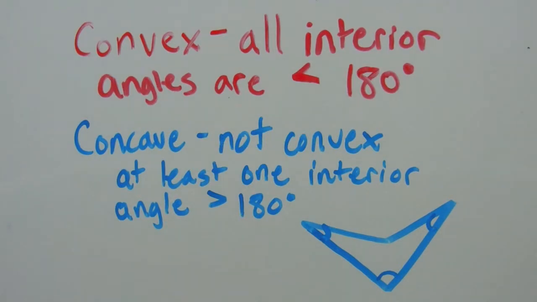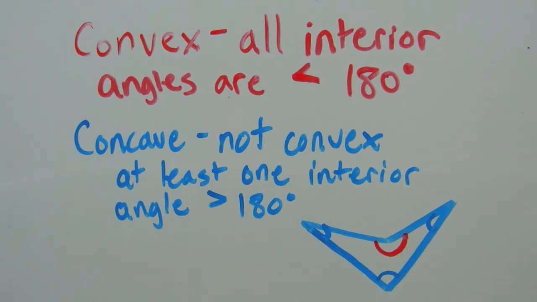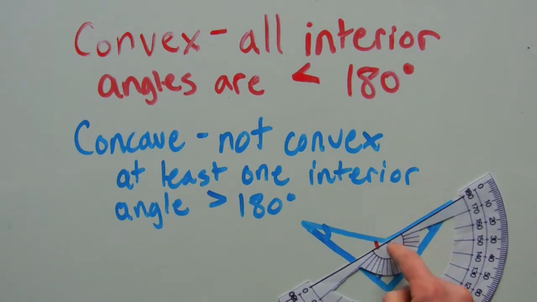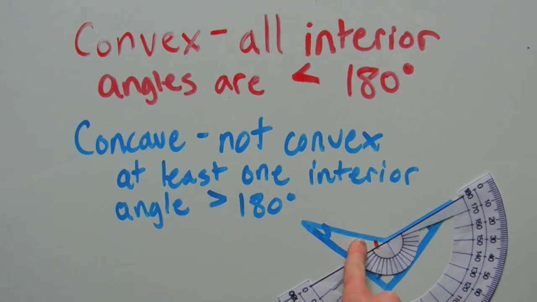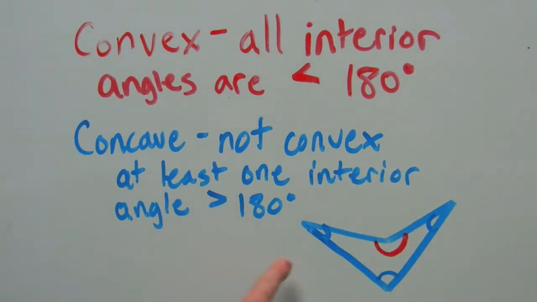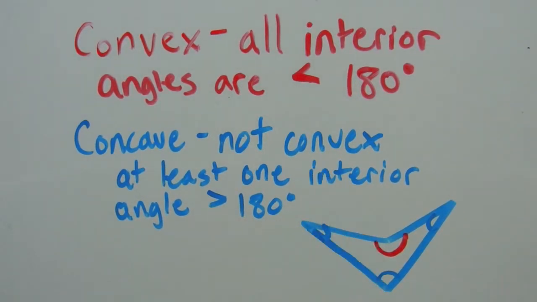However, this interior angle is greater than 180 degrees. If I was to line my protractor up, you would see that it goes past 180. So this shape is concave, or not convex.